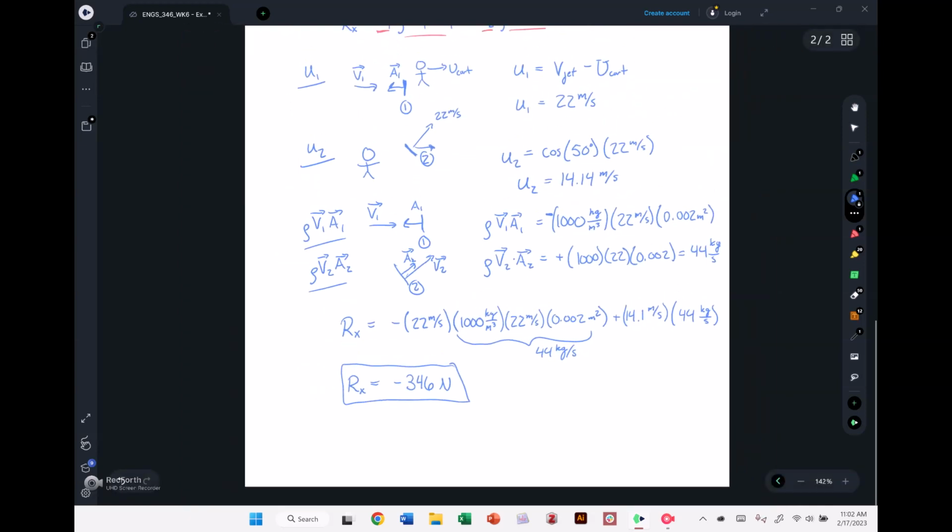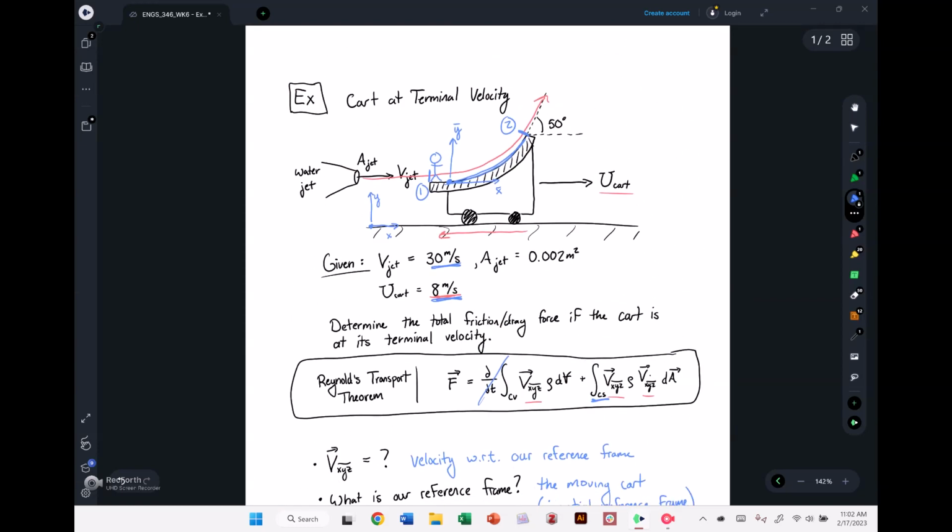So there are a couple ways that we can think about this. As I've drawn here, we have a 346 newton force pushing this way. Conversely, the water is pushing on the cart with a force in the positive x direction of 346 newtons. These are always going to be a little bit tricky to figure out the sign, but these calculations tell us what force is being exerted on the fluid to make it do the change in direction that it is doing.